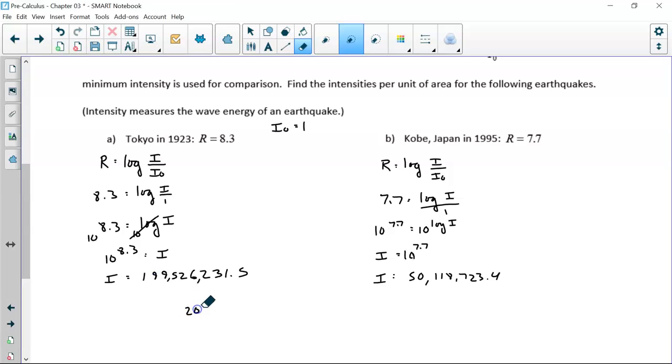Because if you have 200 million, just rounding, over 50 million, you're going to get 4. So it's 4 times more powerful. So 0.6 on the Richter scale is actually a 4 times more intense earthquake. I thought that was pretty interesting. It really shows you how that logarithmic scale works.